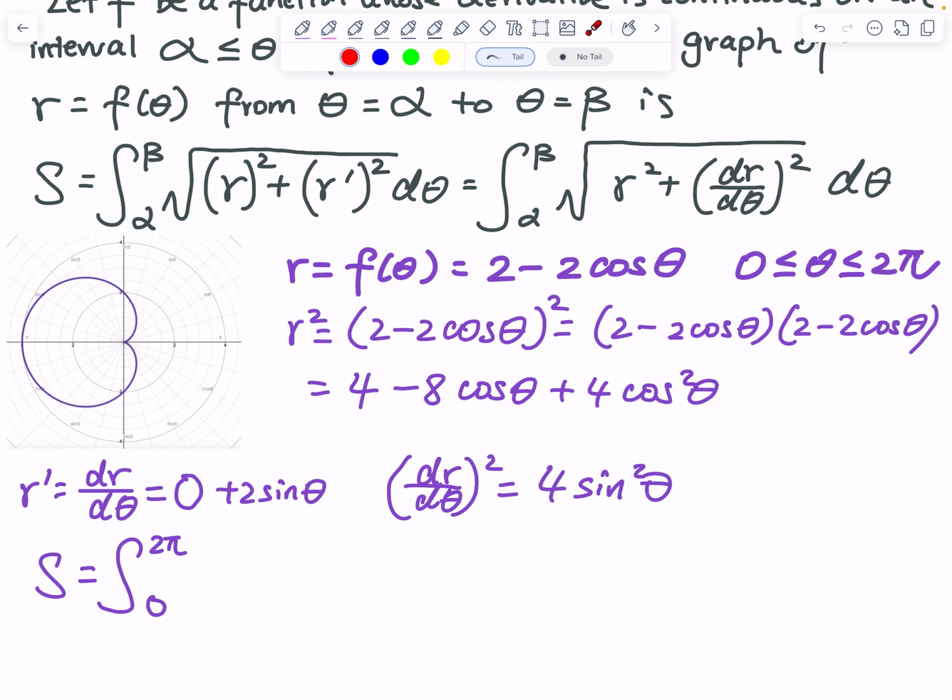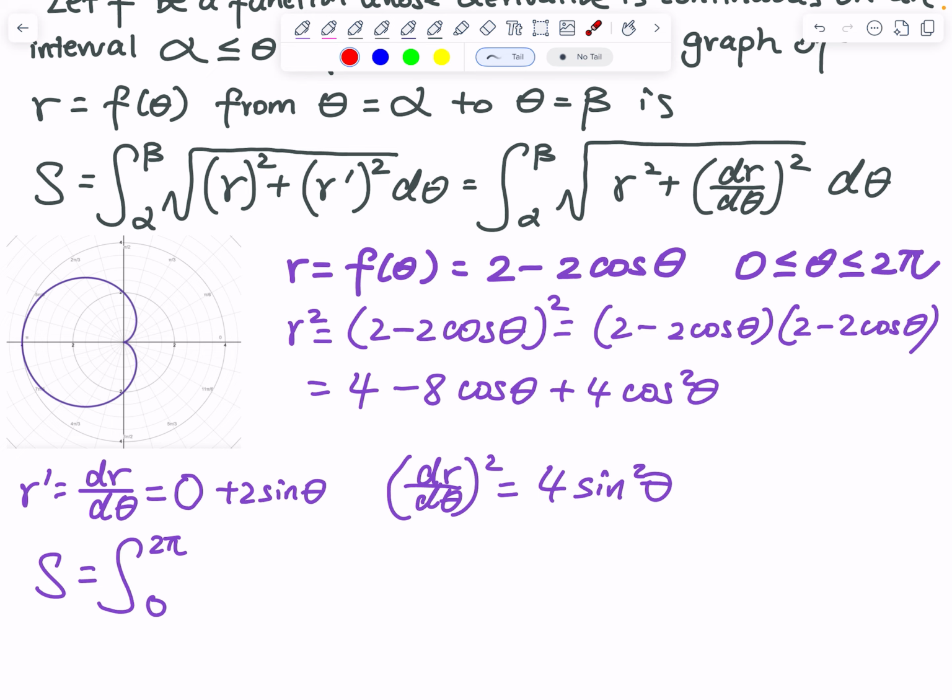Maybe you will see that sometimes, not in this one, 0 to pi is already one graph. This one is 0 to 2 pi, and they gave you 0 to 2 pi. That means one full graph must be from 0 to 2 pi. Sometimes they may leave this question to you: for one full graph, that is from 0 to where? That is what you have to find out.